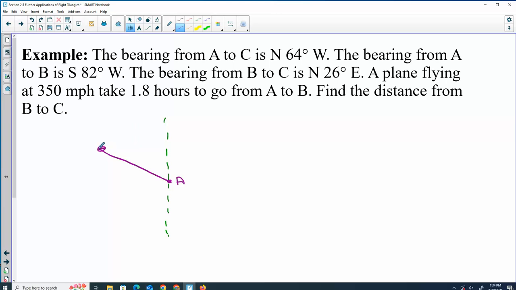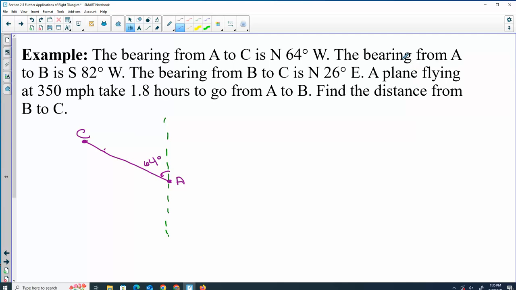Okay, something else I should probably mention. Are my pictures all drawn to scale here? No, not at all. So you can't ever just look at your picture and say, oh, that looks like a right angle, because we're not measuring anything here. The angle that we formed is in between the north-south line and this line.